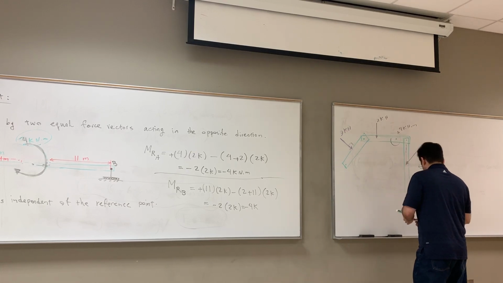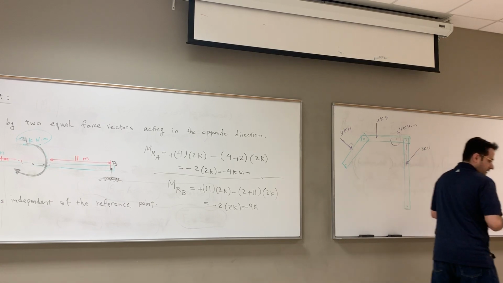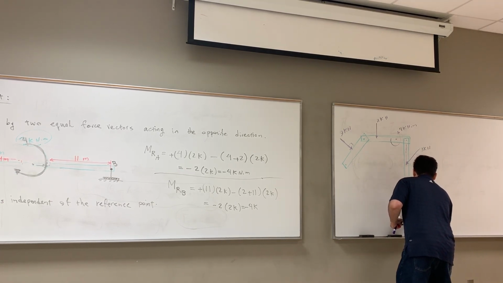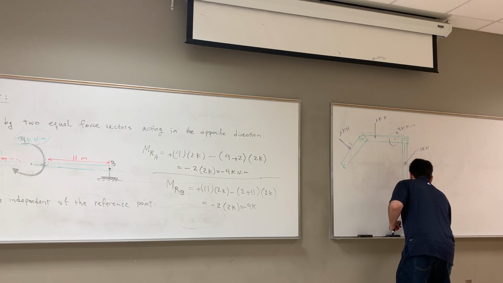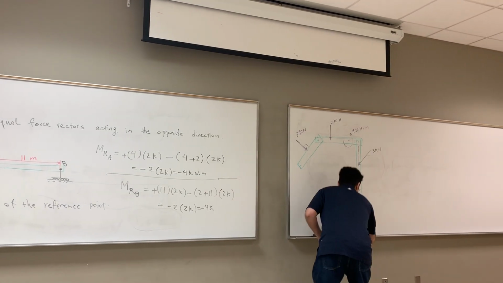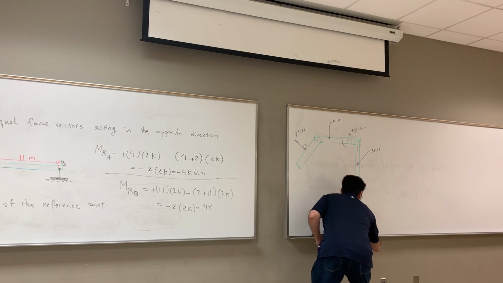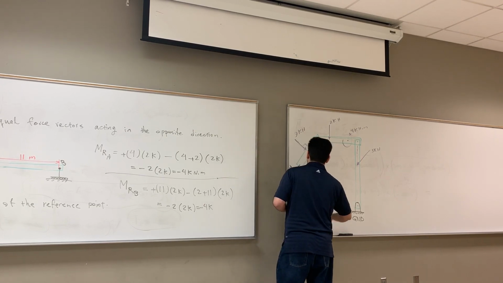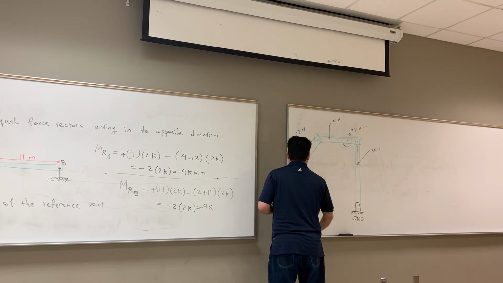So this one is a pin, the ground, G and D, that's ground. Then this guy is on a roller. Oh, this is also a pin.